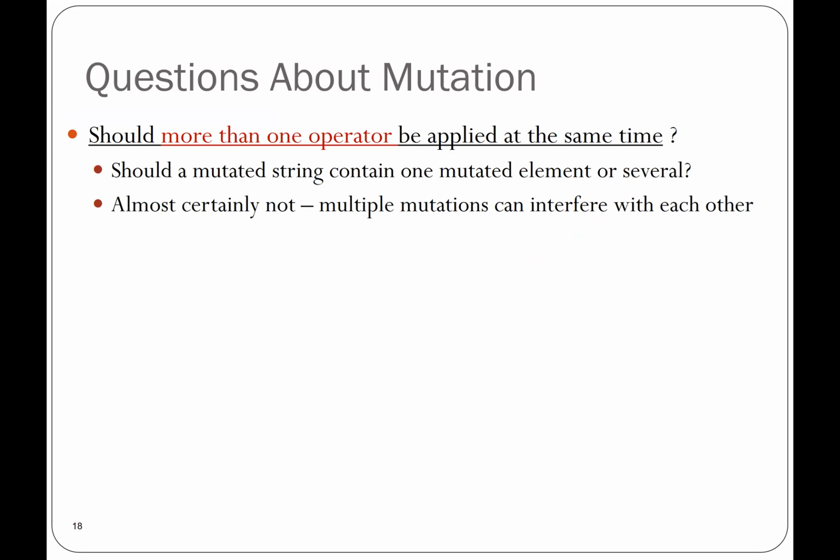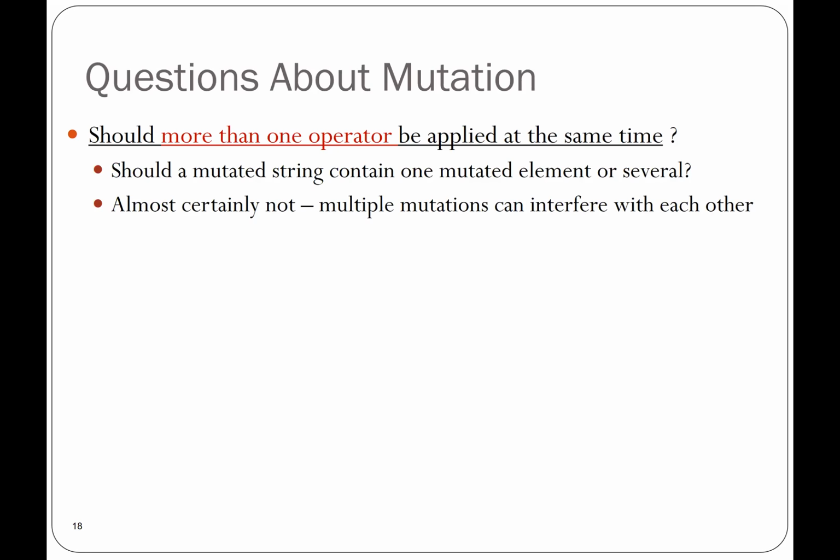An obvious question at this point you should have is, should we be having more than one mutating operator applied at the same time? You probably wouldn't want to do that, okay? Because you might end up with the unlikely situation that the mutation operators might actually cancel each other out.